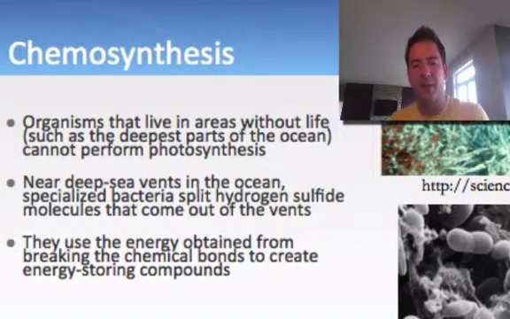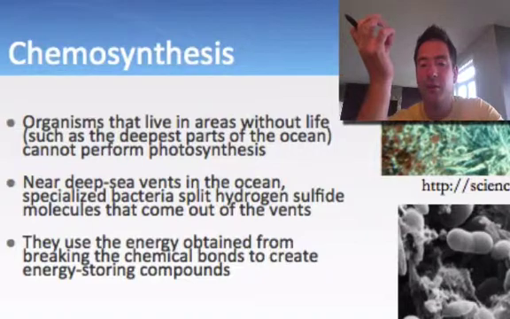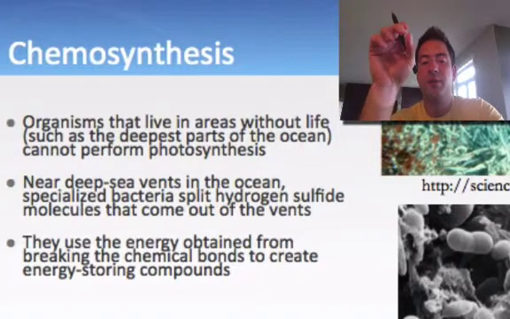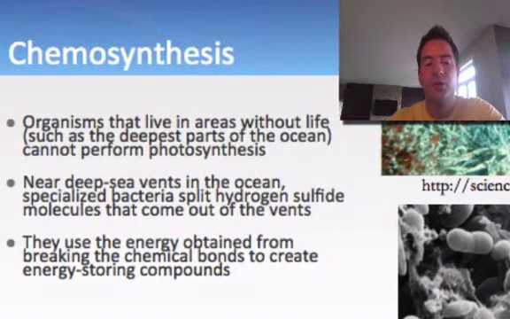Well, what happens is near these deep sea vents in the ocean, there's specialized bacteria, and what they do is they split hydrogen sulfide molecules that come out of those vents. Okay, so they use that energy to break down chemical bonds, and then they use that to store energy.